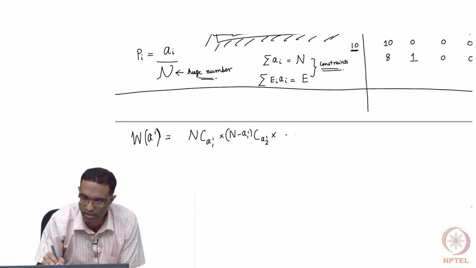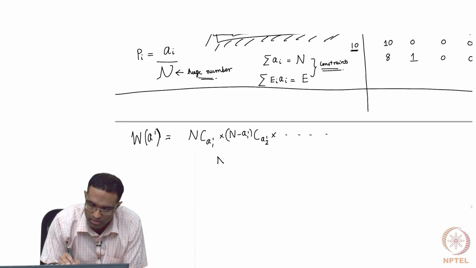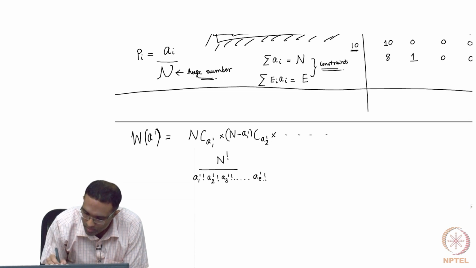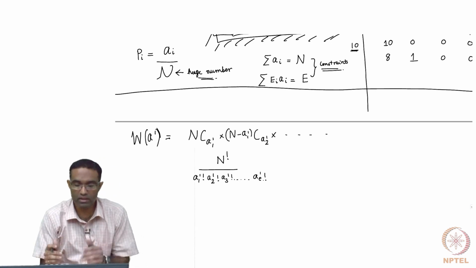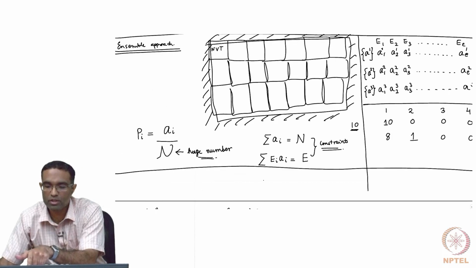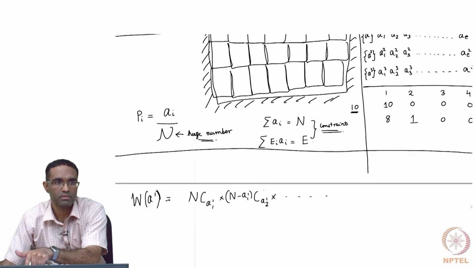This is the combination, right? And you can keep writing, and this basically becomes n factorial divided by A11 factorial, A21 factorial, times A31 factorial, and so on till AE1 factorial. This is the total number of ways a particular distribution can be realized.